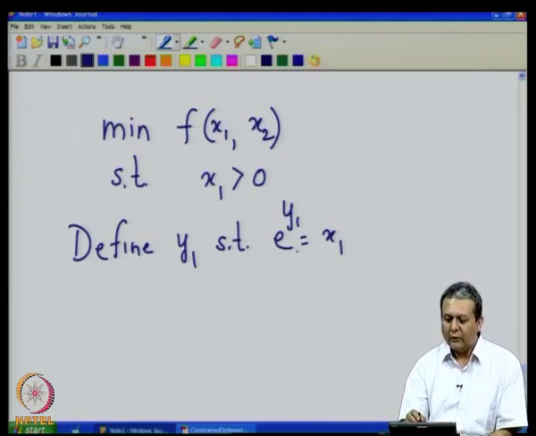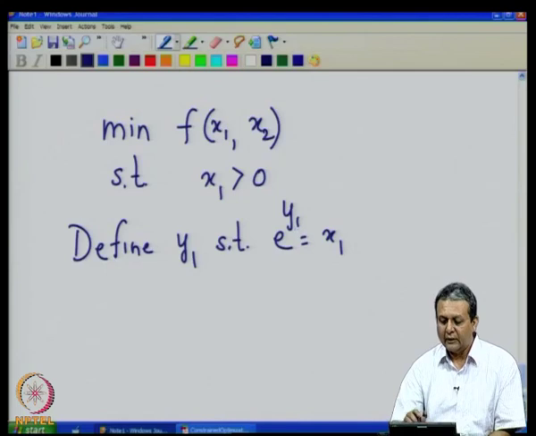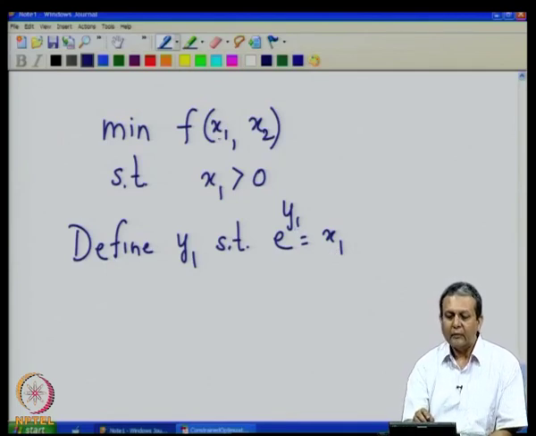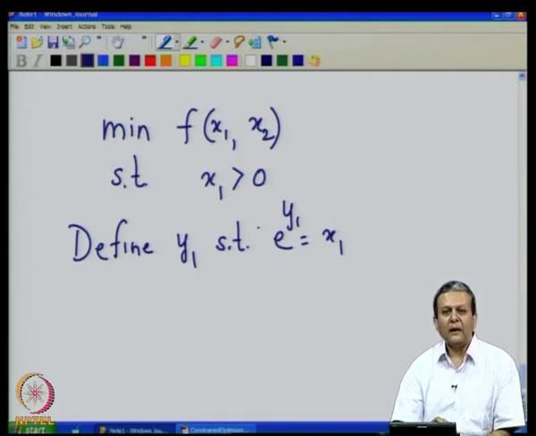So, we have defined a new variable y1, and we know that e to the power y1 is always a positive quantity, and therefore, in this objective function, if we replace x1 by e to the power y1 and then treat y1 as a variable along with x2, then we have converted this problem to an unconstrained optimization problem, and we know different ways to solve unconstrained optimization problems.